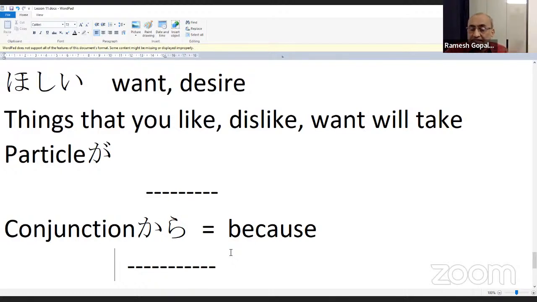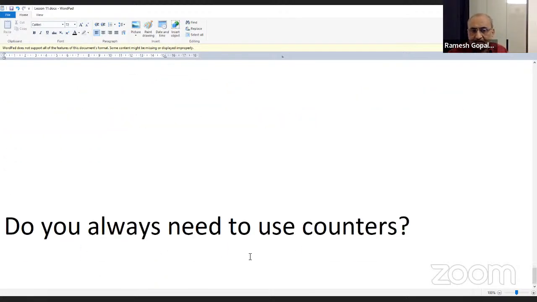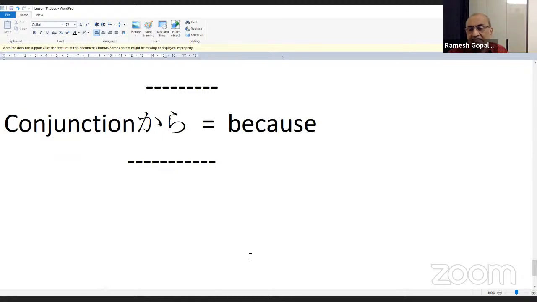You can connect two sentences with kara. We'll see in the lesson.